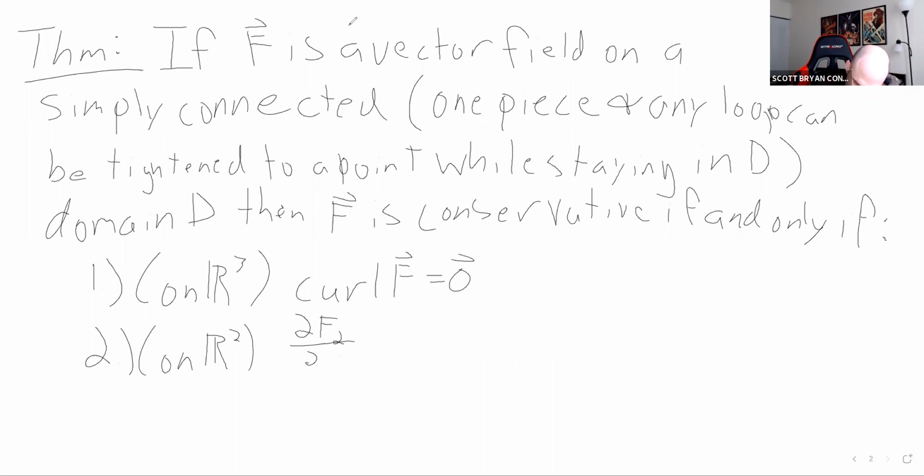So the partial of F2 with respect to X is equal to the partial of F1 with respect to Y. So if you take the second component and you take the derivative with respect to X, it's equal to the first component where you take the derivative with respect to Y. So these are the checks. If it satisfies these and you're on a simply connected domain, then you're a conservative vector field.